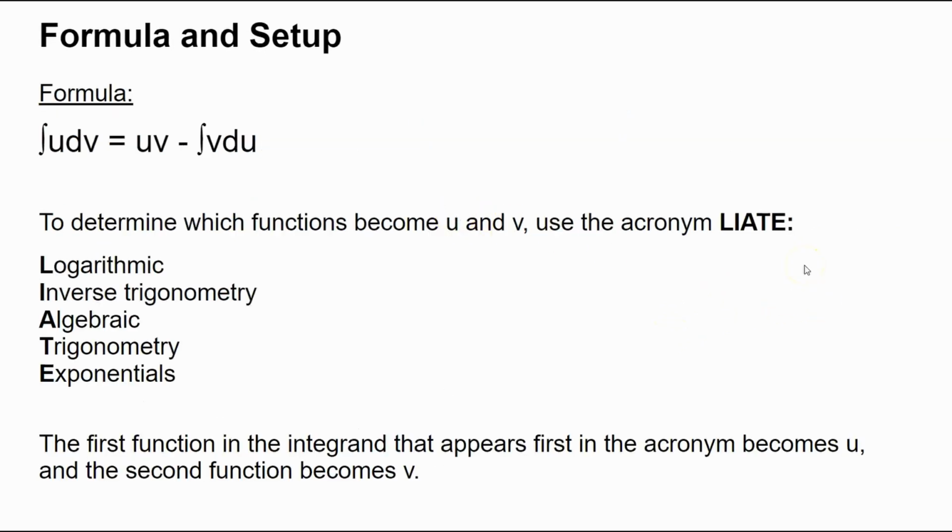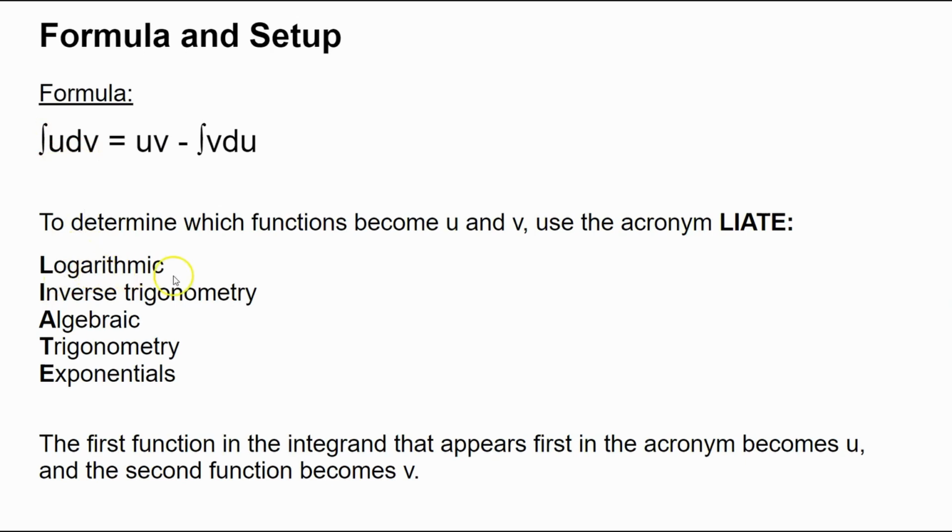A good way to remember which one becomes u and which one becomes v is the acronym LIATE, which doesn't really mean anything, but it's definitely an easy made-up word to remember. So LIATE stands for logarithmic, inverse trig, algebraic, trigonometry, and exponentials. Essentially, as you go down LIATE, whichever function appears first in your integrand becomes u.